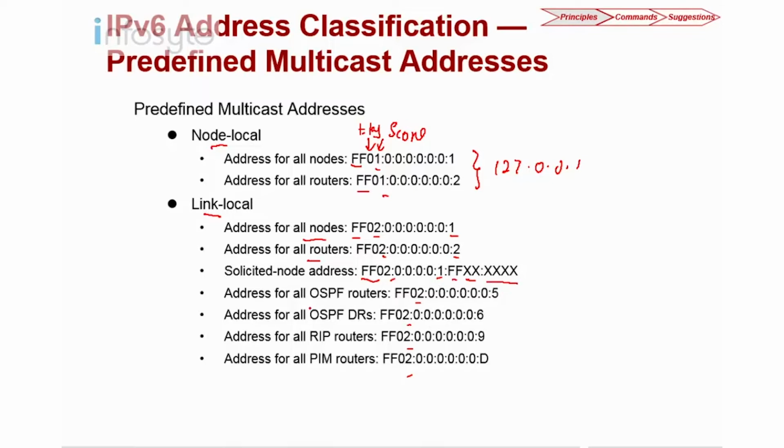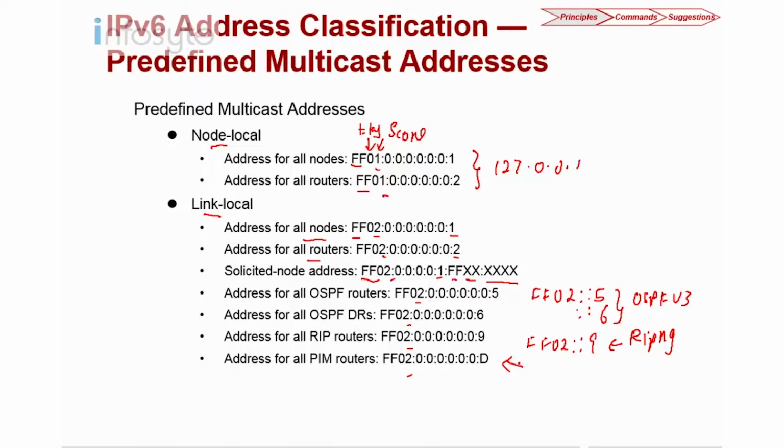Now for OSPF, you notice that it is FF02::5 and ::6. When you see these two, this is multicast for OSPFv3. And here FF02::9 will be RIPng. And here is our PIM.